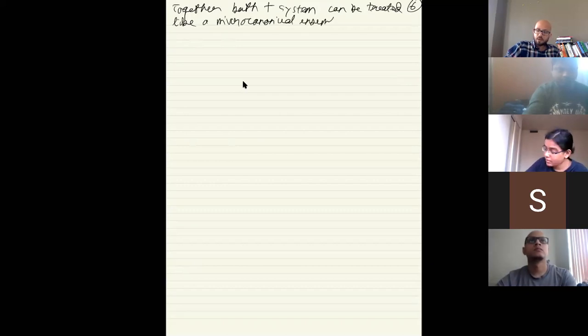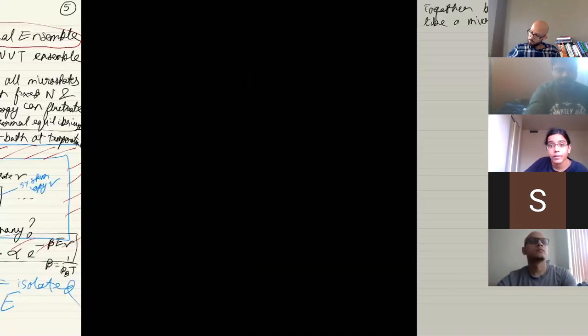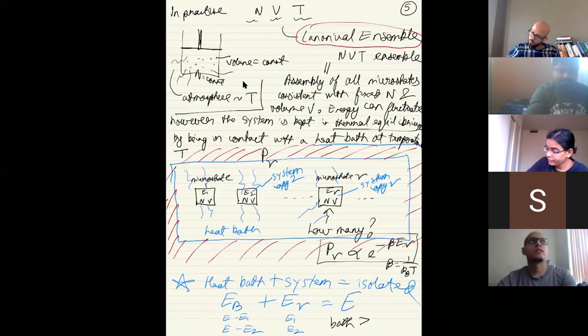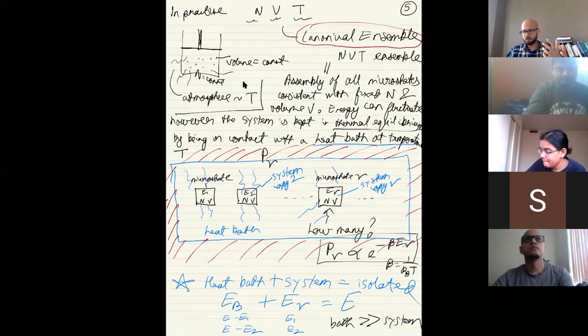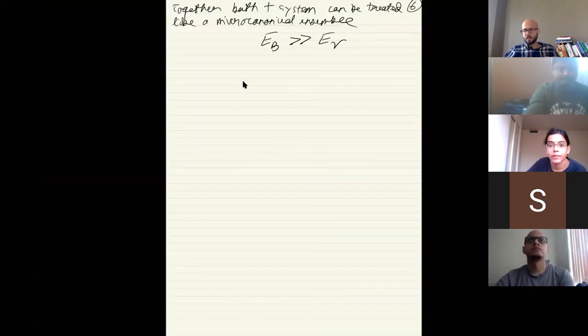This will be our starting point to do all of this, with one further assumption that always E bath is much more than E nu. The bath is much bigger than the system. That makes sense, right? You have a tiny system and you're embedding it into a reservoir, which is enforcing the temperature. The reservoir, the bath, is way bigger than the system. So E bath is much bigger than E nu. That's one assumption we have over here.